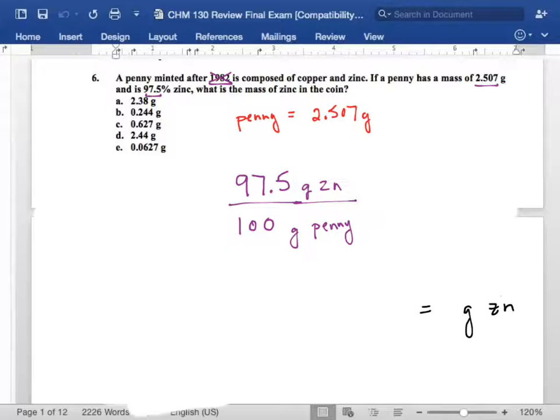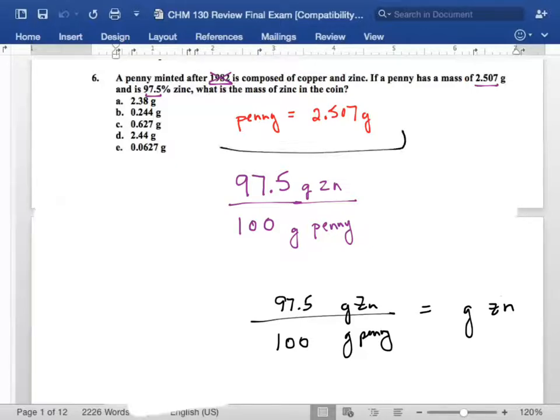So what do I need to do? Grams of zinc. Grams of penny. What number goes with grams of zinc? 97.5. What number goes with grams of penny? 100. Why did you not say 2.507? Because that is grams of penny.